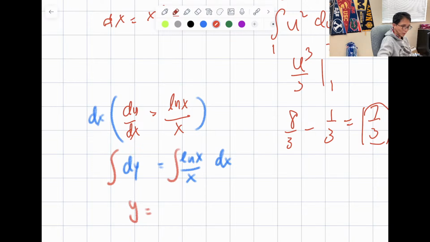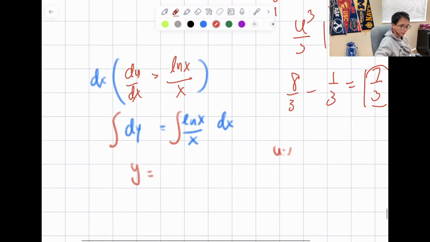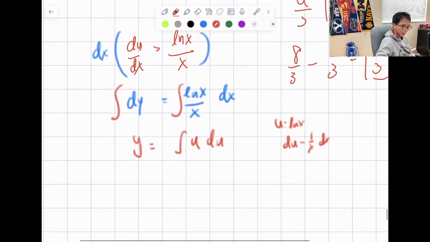This part is going to be y. And this one, u equal to ln of x, du is equal to 1 over x dx. So that is going to be the integral of u du, which is u squared, so ln of x squared plus c.